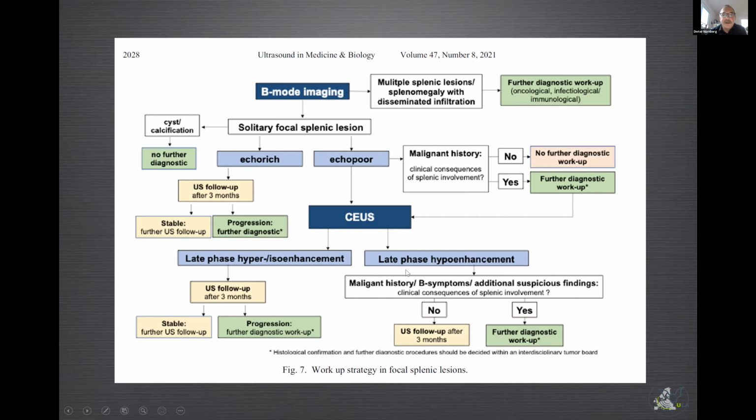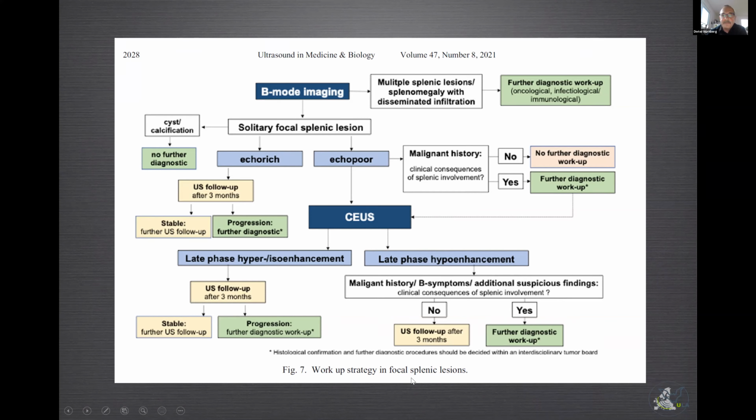If you see a hypoenhancement in the late phase, then they recommend further diagnostics like puncture, and they say that it could be lymphoma. If there's a hyperenhancement in the late phase, then they make a follow-up.